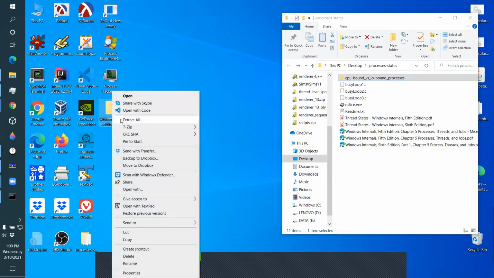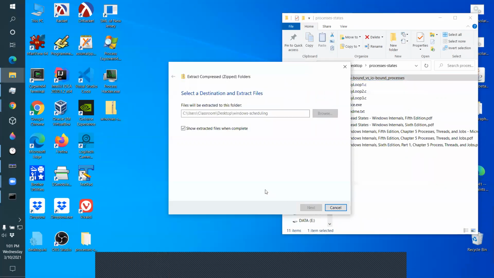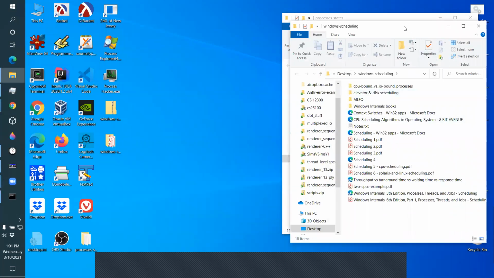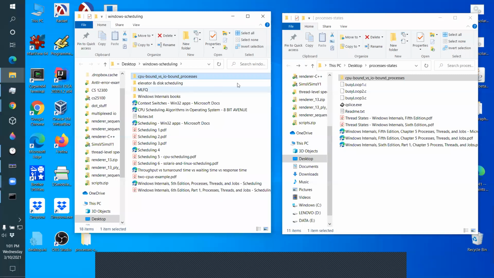So this Windows scheduling folder has the same subfolder, CPU bound versus IO bound. Here's a folder that we'll look at later on multi-level feedback queue, when we get to that chapter.